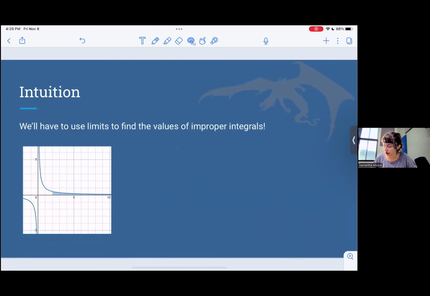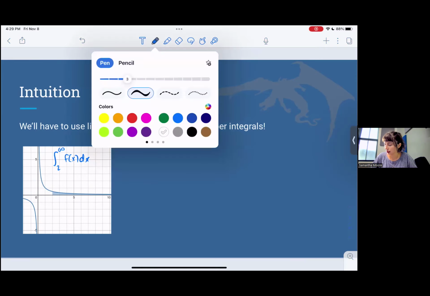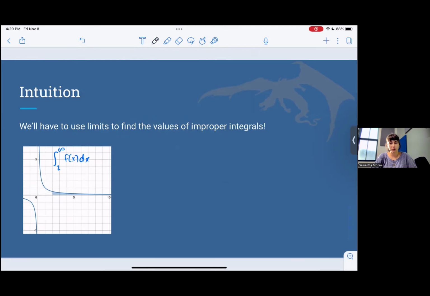Well, that full area, if I want really the area from 2 to infinity under the graph of f of x dx, then I don't know how to handle that infinity, but I would know what to do if I cut it off at 5. I could find the area from 2 to 5. I know how to handle that.